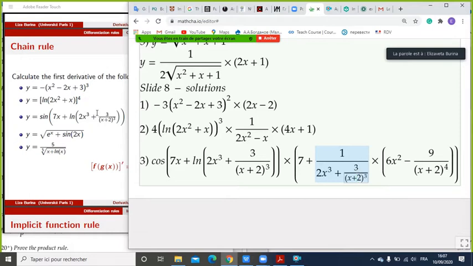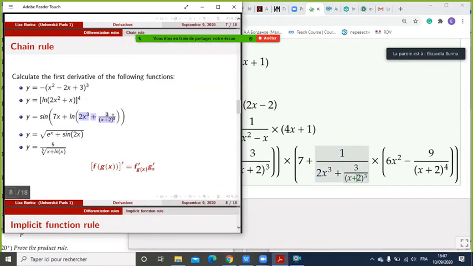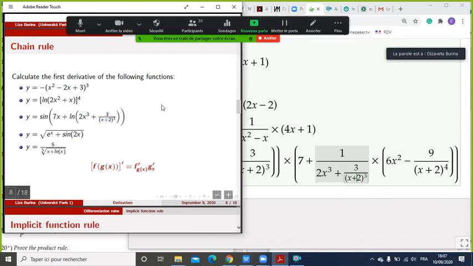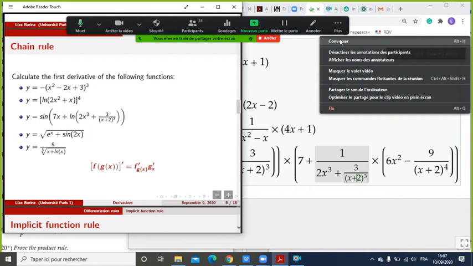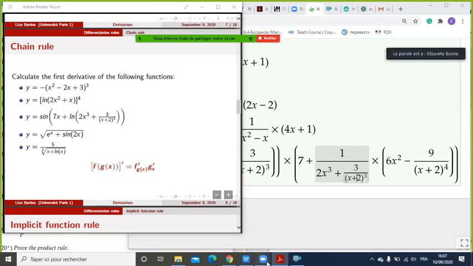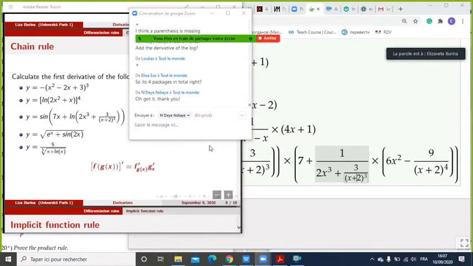And the derivative of this parenthesis, we have to take it. So that will be 6x squared minus, well, here we have x plus 2 to the power of 3. And the derivative of this second fraction will turn into this fraction. Okay, was it clear? Or I just said the same thing and it didn't help much? Okay, perfect.